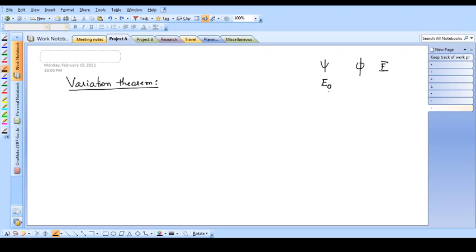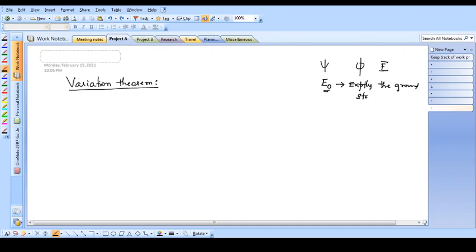But don't worry about this, I can still find out E naught by doing experiment. So experimentally I will find out the ground state energy of the system. So I have two types of energy of the system.